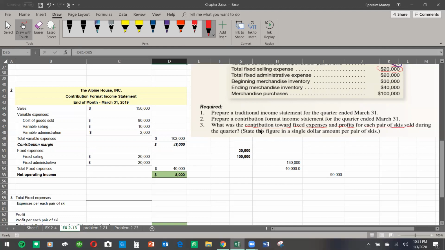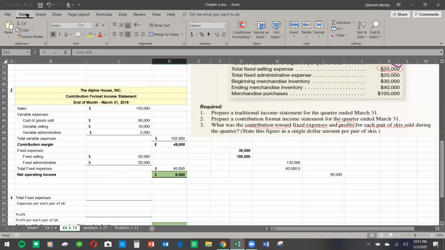These are the key important words: contribution toward fixed expenses and profits for each pair of skis sold. If you are someone who is very systematic like me, you will go systematically, in a very analytical way.